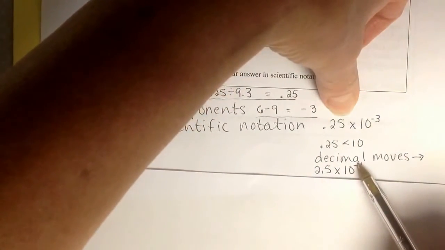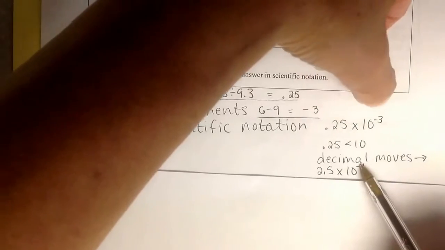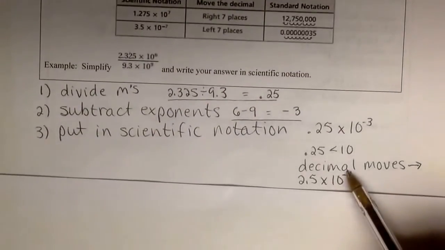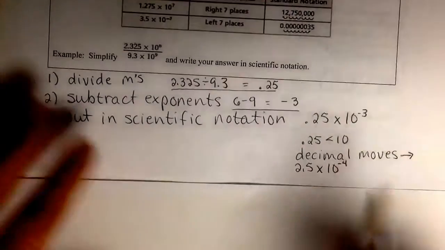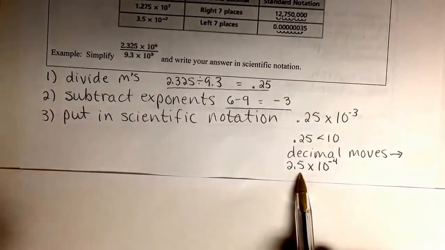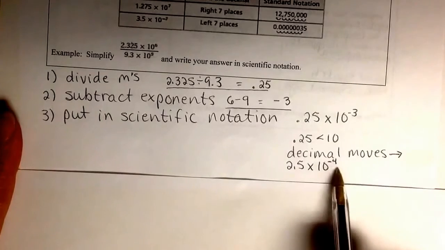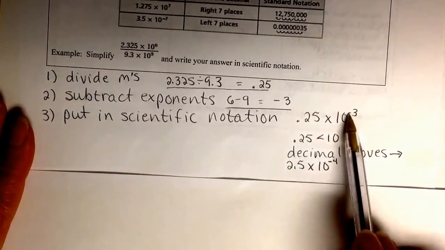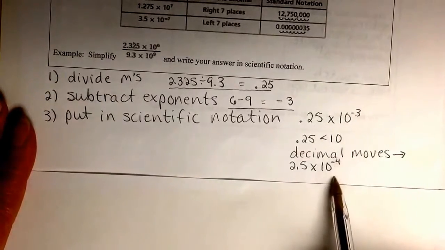Now, if I'm increasing this by a power of 10, this has to decrease by a power of 10, or the value of my number is going to change. So as I increase this by whatever power of 10, I have to adjust this power of 10. So now, instead of being to the negative third power, it's going to be to the negative fourth power.